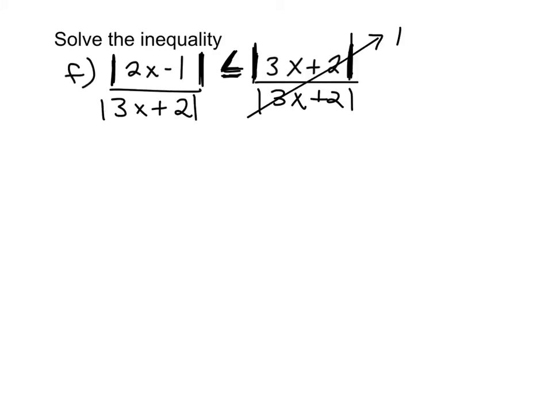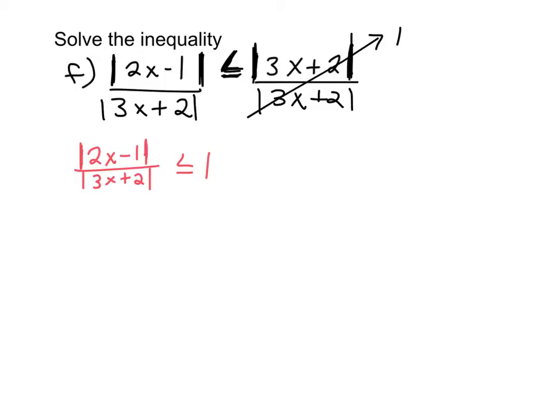So I'm going to have here 2x minus 1 divided by the absolute value of 3x plus 2 is less than or equal to 1. Now, if this top half is positive and the bottom part is positive, then the whole thing would be positive, right? Well, actually, no matter what, the whole thing is positive.